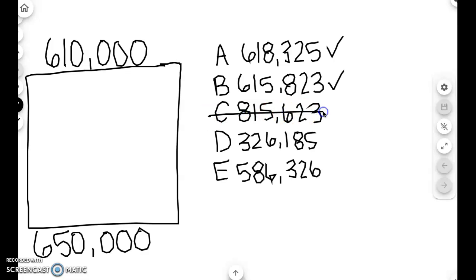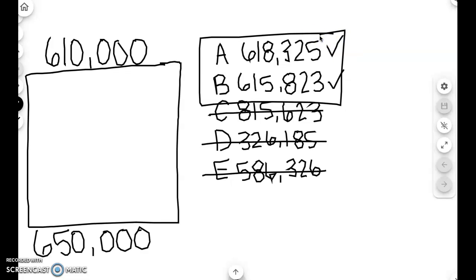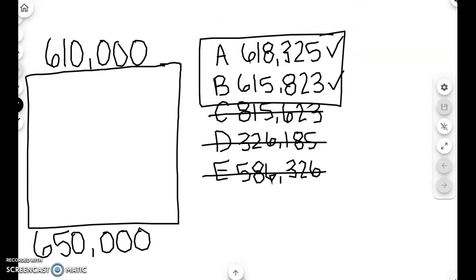So I know that is not going to be it. It's too big. 326,000 is way smaller than 610,000, so I know that cannot be the correct answer. And 586,000 is much smaller than 610,000, so that cannot be the answer. So that is why A and B would be the two that we choose for this problem.